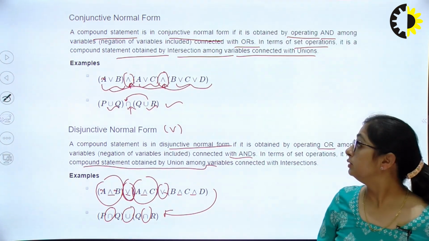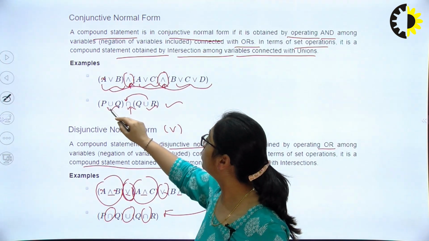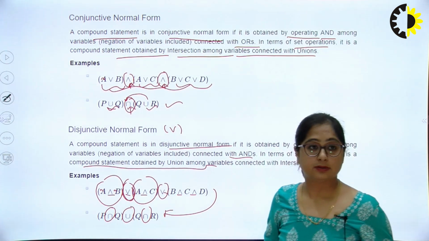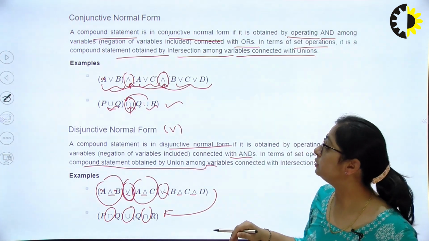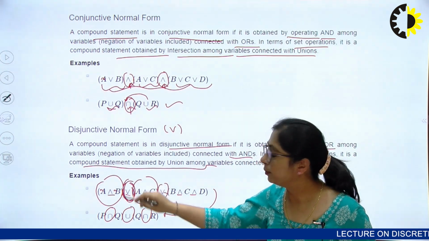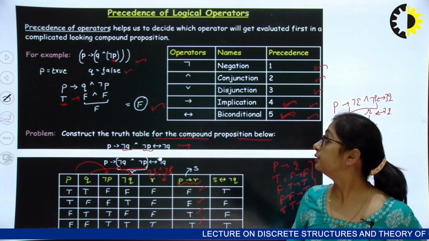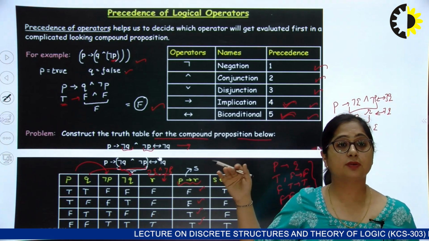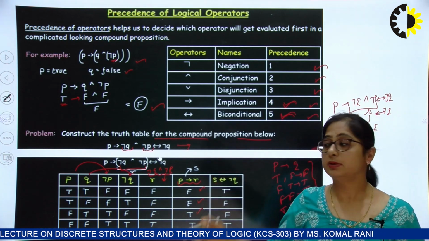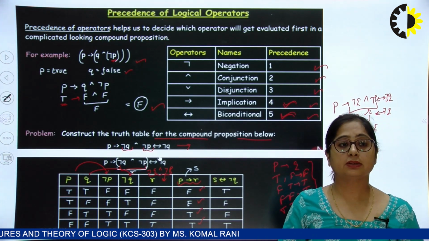Conjunction means two statements combined with the and operator, or intersection. Disjunction is when two or more statements are combined with or. Here we discussed some precedence rules. Negation has the first precedence, conjunction the second, disjunction the third, the fourth is implication, and the fifth is the biconditional.